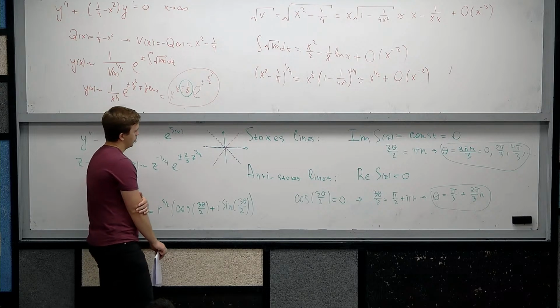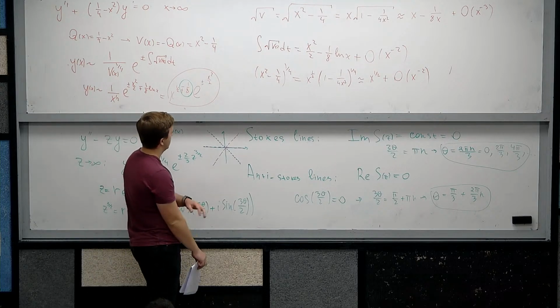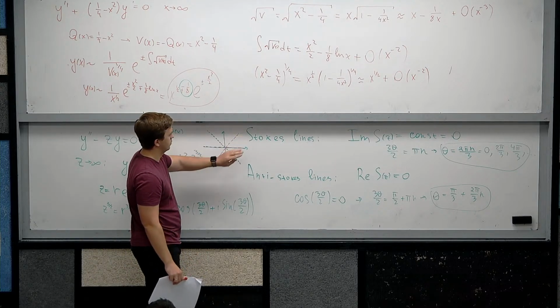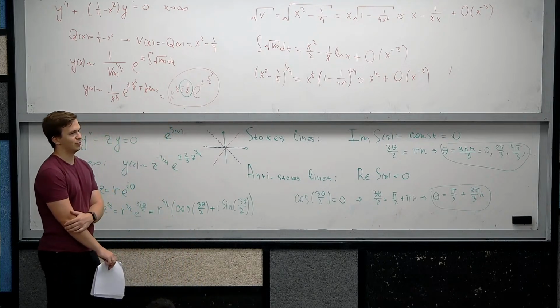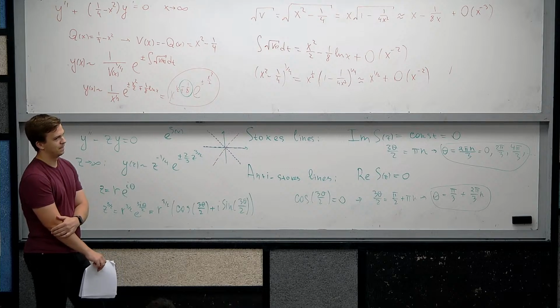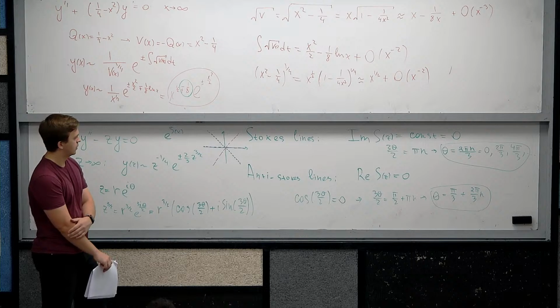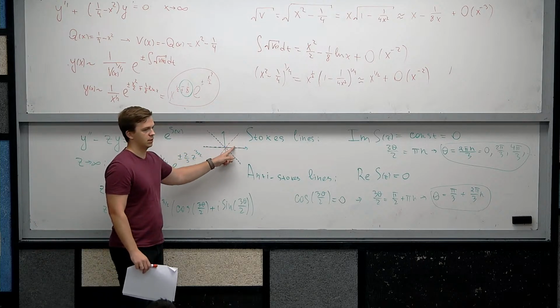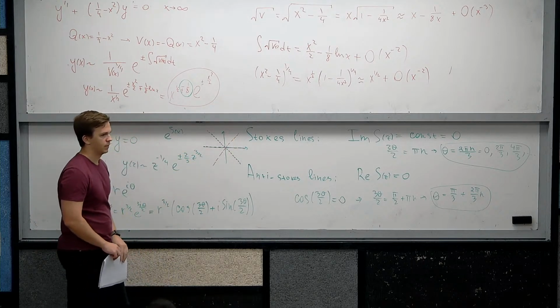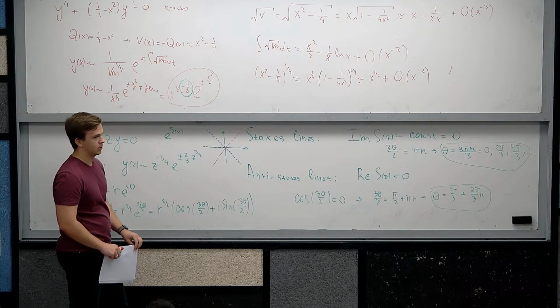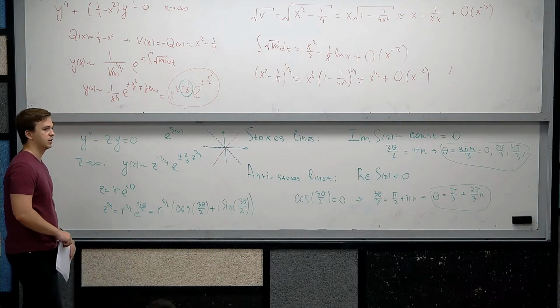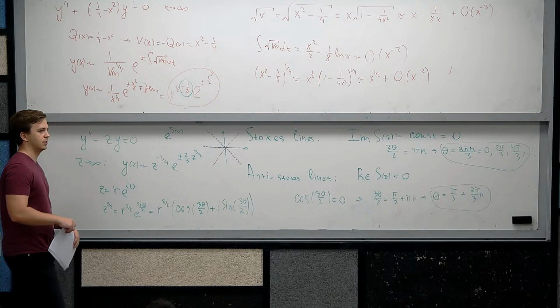So when we are in this region, what do you think the solution looks like? Exponential. In this sector we have both the real part and the imaginary part. So the solution will oscillate and also decay at an angle.